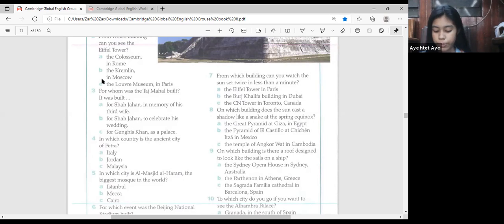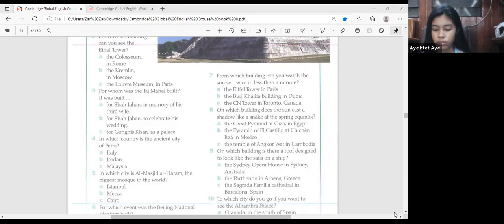9. On which building is there a roof designed to look like the sails on a ship? The Sydney Opera House in Sydney, Australia, has a roof which is designed to look like the sails on a ship. The Opera House is in Sydney Harbour, close to Sydney Harbour Bridge. The building is not just for opera.